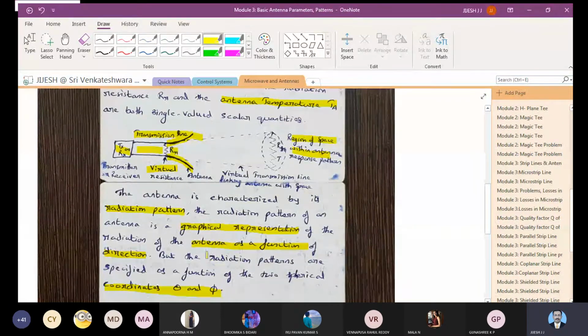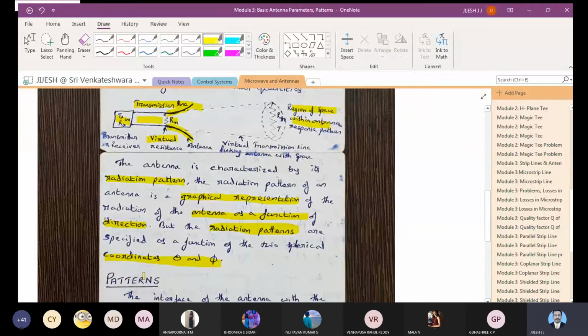I'll be showing you the figure and explaining the radiation pattern and how it is formed. You can note down these points, and then we will move on to patterns.